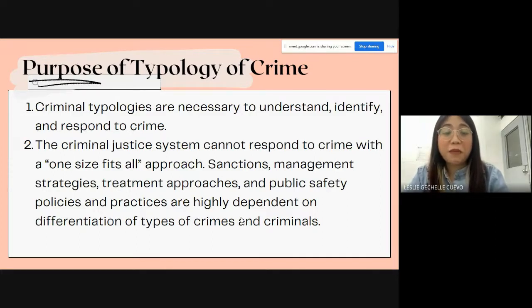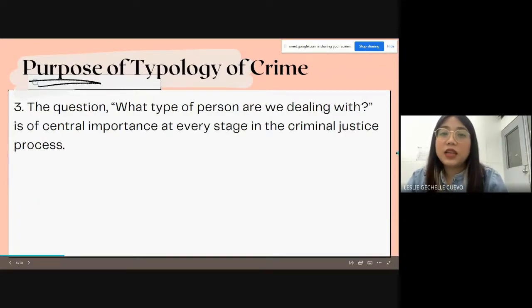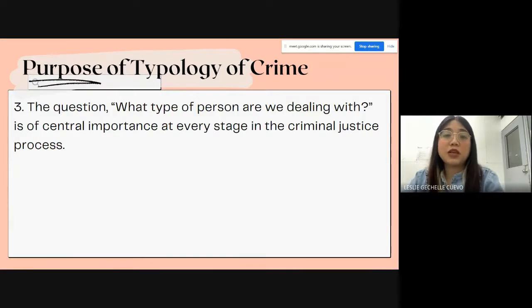Depende sa kung ano yung practice sa isang lugar, kung ano ang magiging type of crimes and criminals. And then another purpose of typology of crime is the question, what type of person are we dealing with, is of central importance at every stage in the criminal justice process.